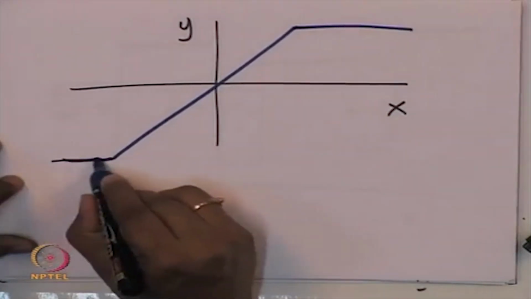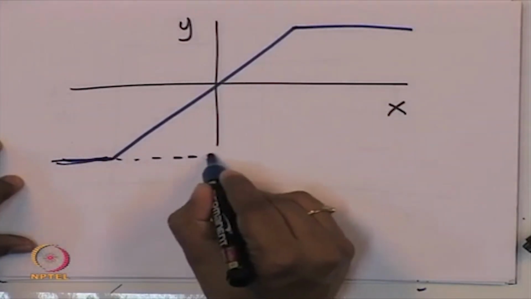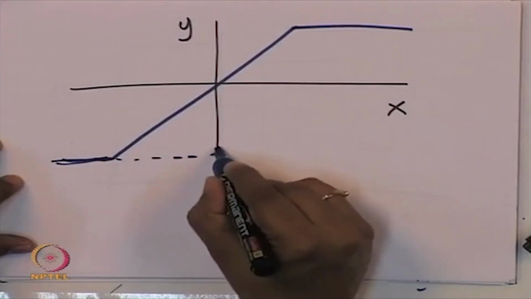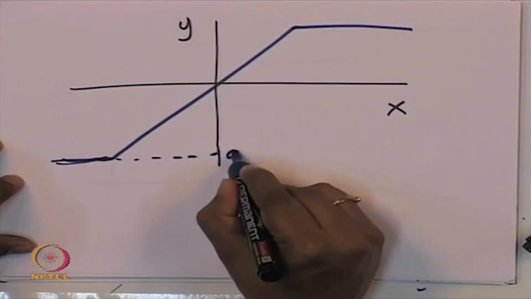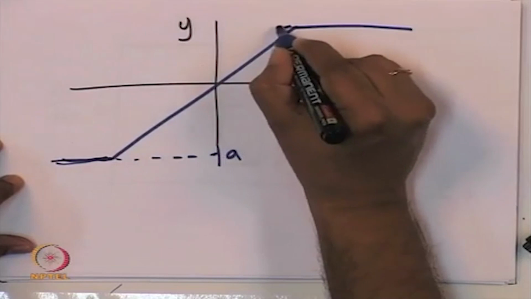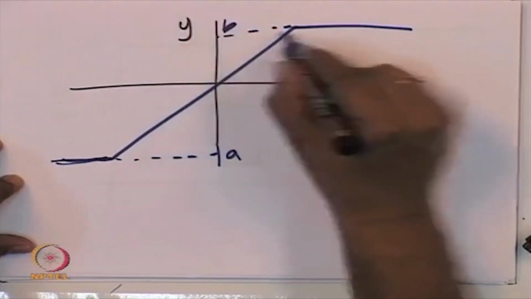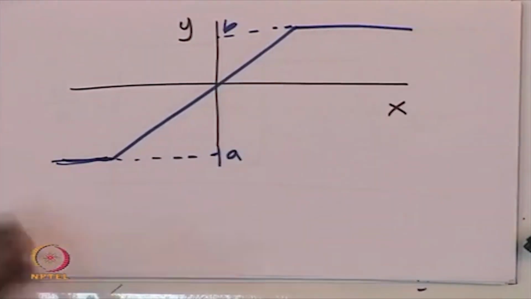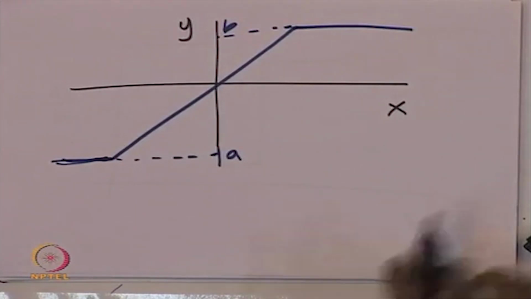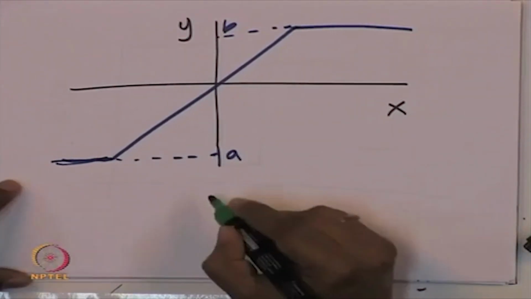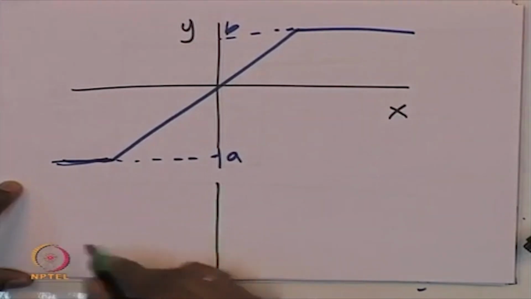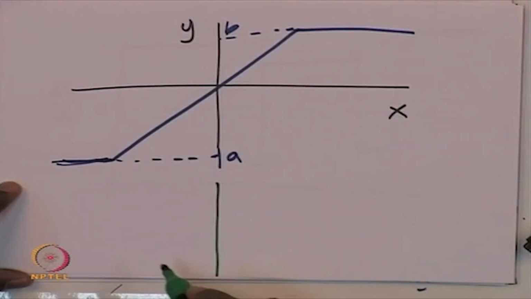The function has some particular value a here and some other particular value b here. These are constant values, and between them it is a straight line. And just below that, here we have to draw the derivative of this.